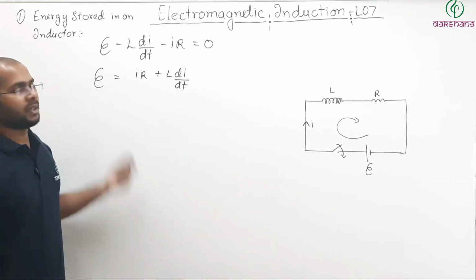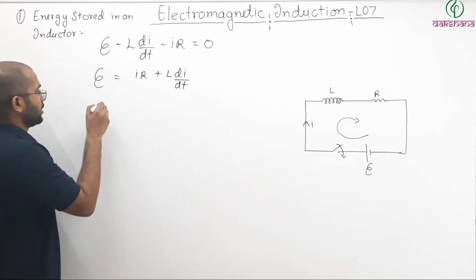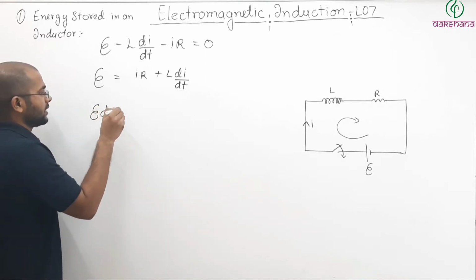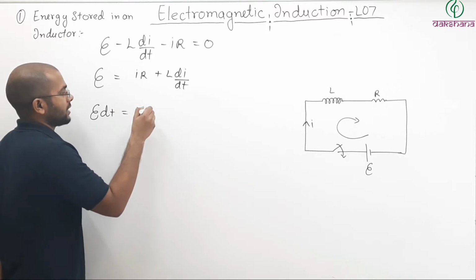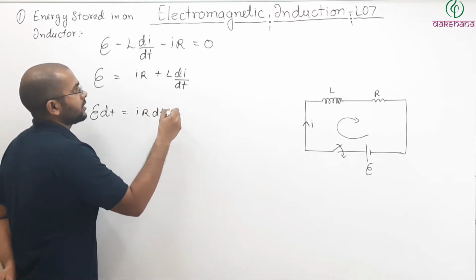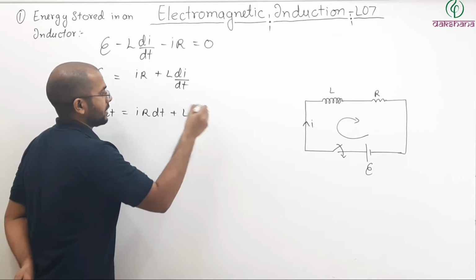Let us multiply both sides by dt. What I will get is EMF times dt equals I times R dt plus L di.